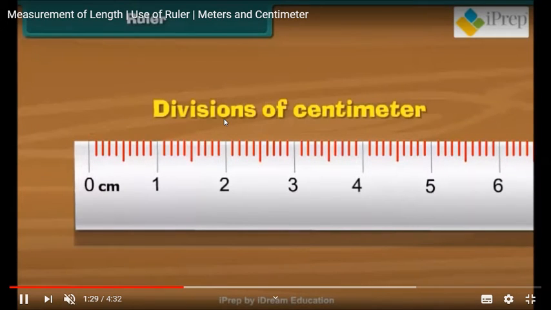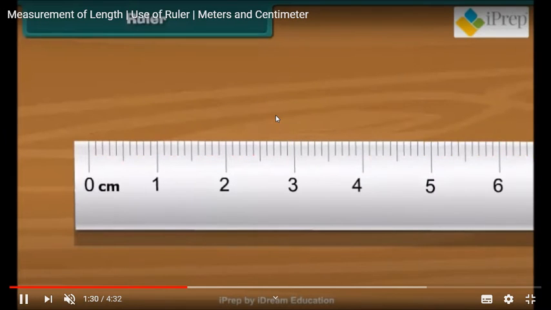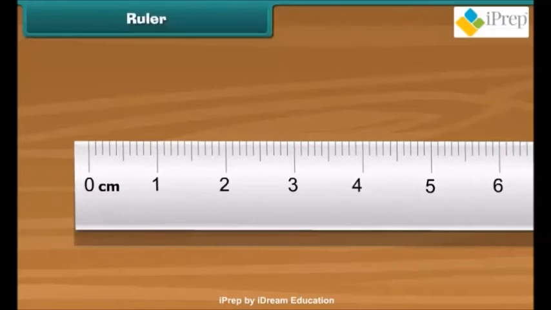The small lines between two long lines, like 0 to 1, represent divisions of centimeter. Now we learn to read a scale.